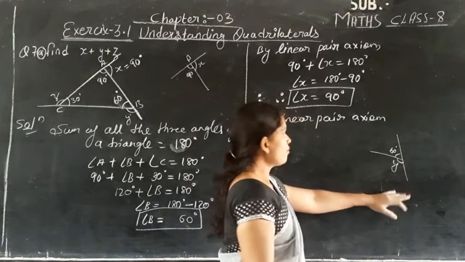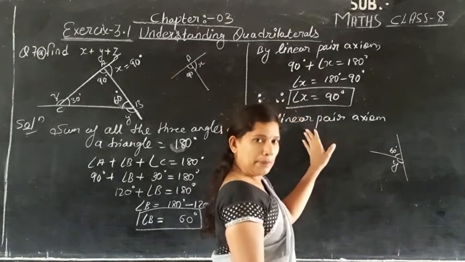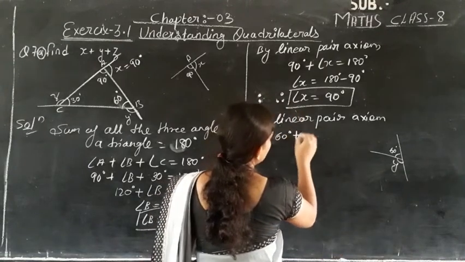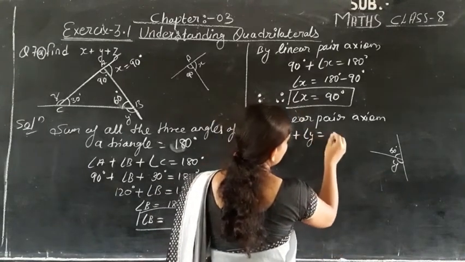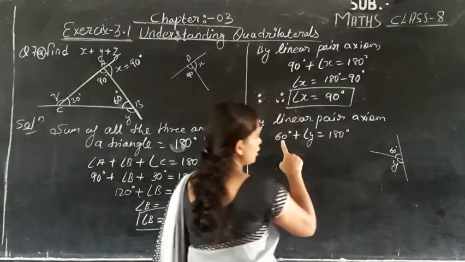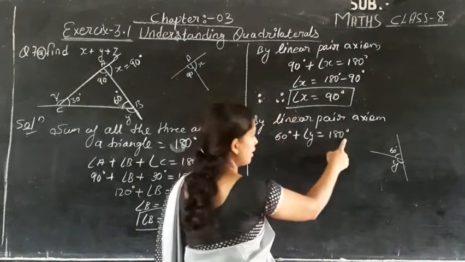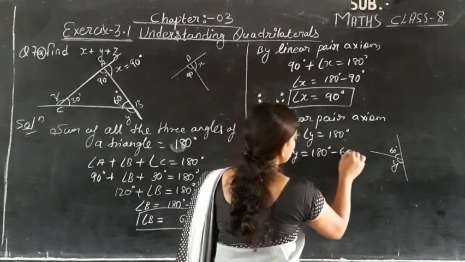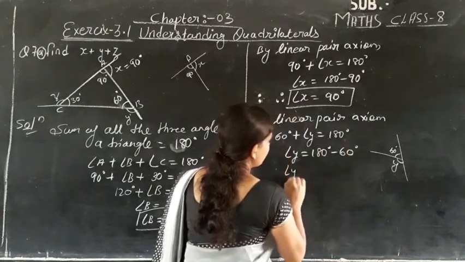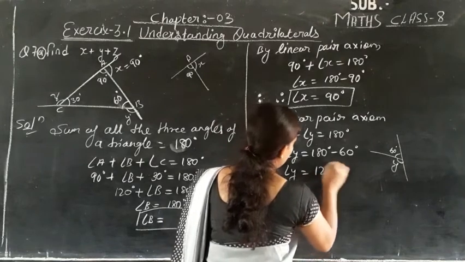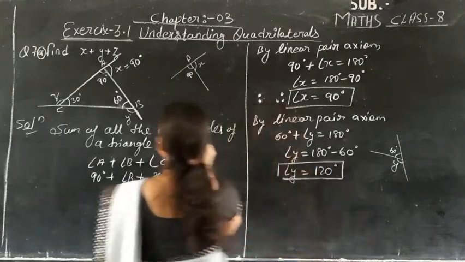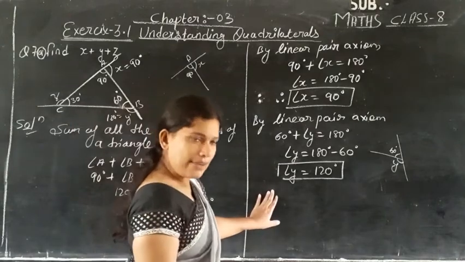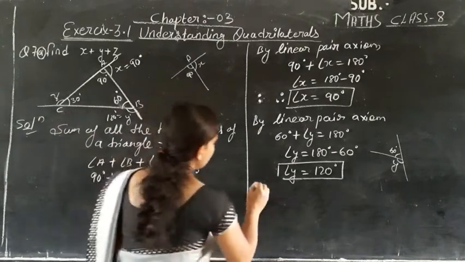Where a straight line forms, there we can apply the linear pair axiom property. So again 60 degrees plus angle y is equal to 180 degrees. Transpose 60 degrees from the left hand side to the right hand side. That is angle y is equal to 180 degrees minus 60 degrees. So angle y is equal to how much? 120 degrees. So the value of angle y we found is 120 degrees.